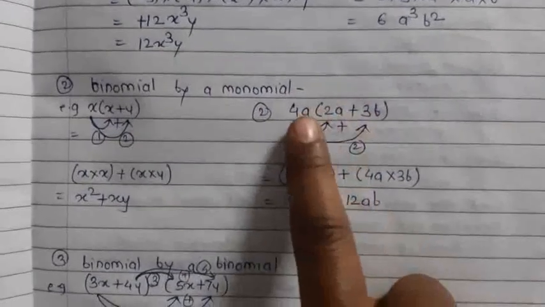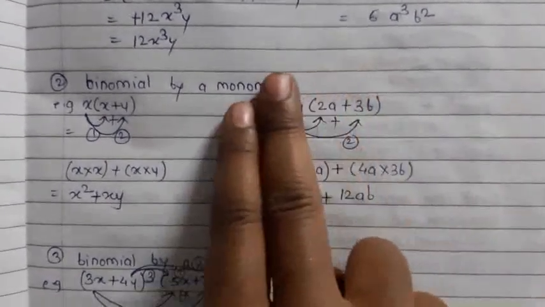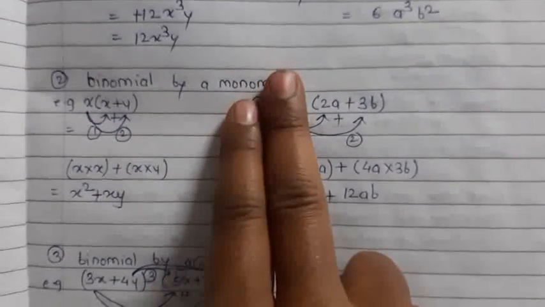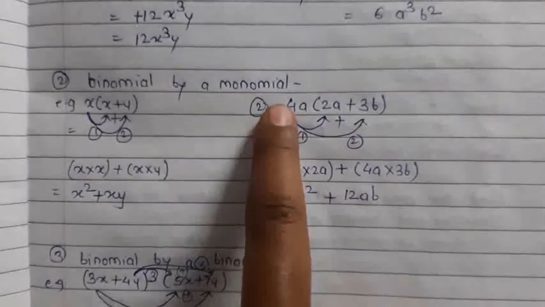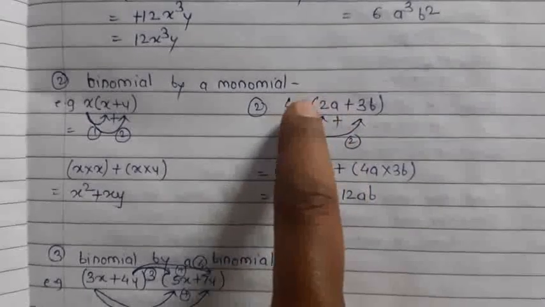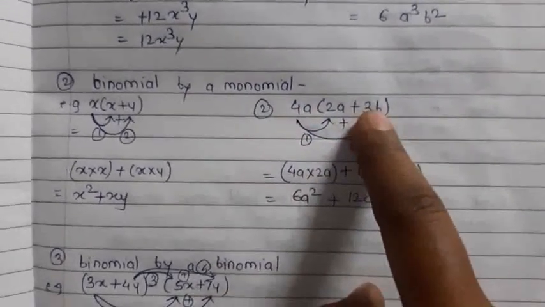Here also see, this 4a is a monomial and 2a plus 3b is a binomial. So here also how to do? Monomial into the first term of the binomial, plus sign, and again monomial into the second term of the binomial.